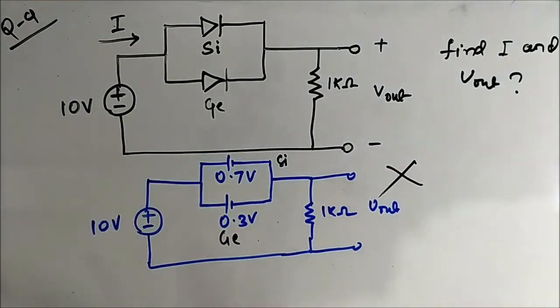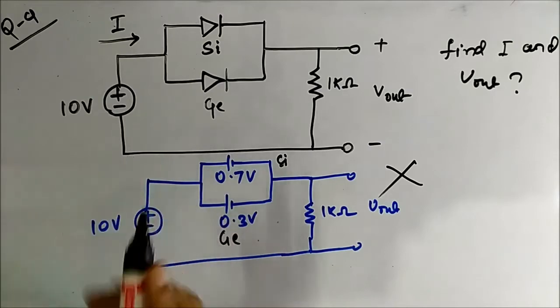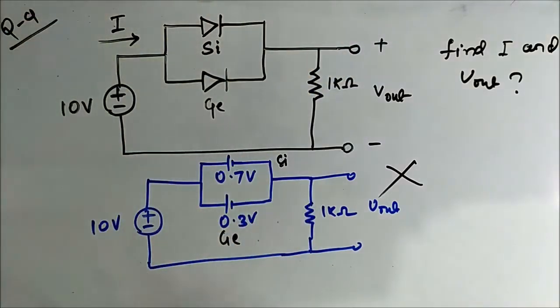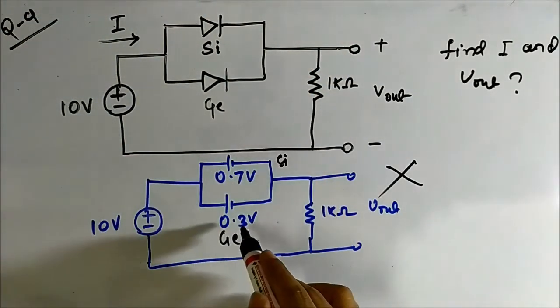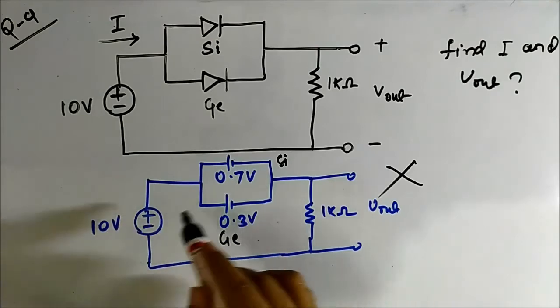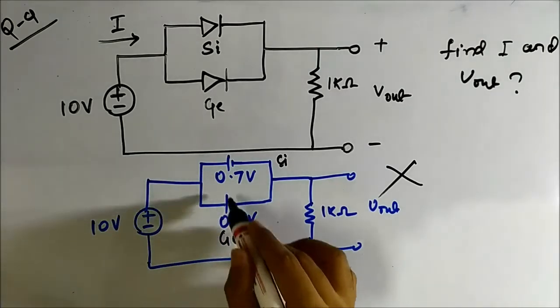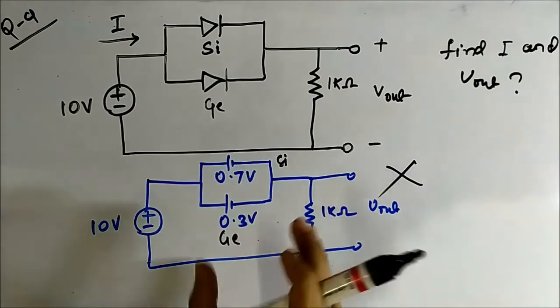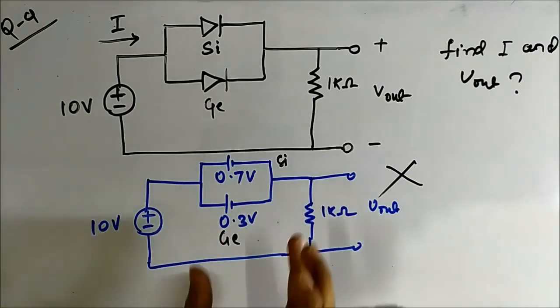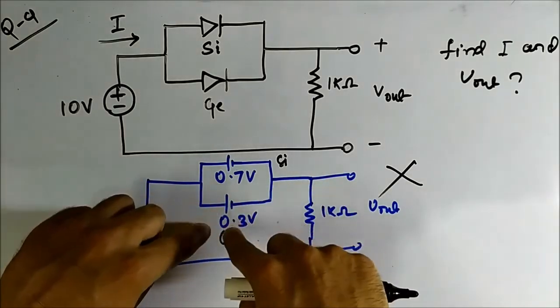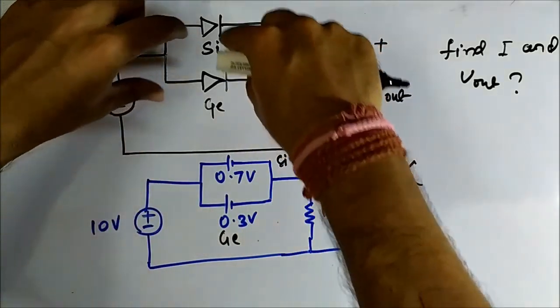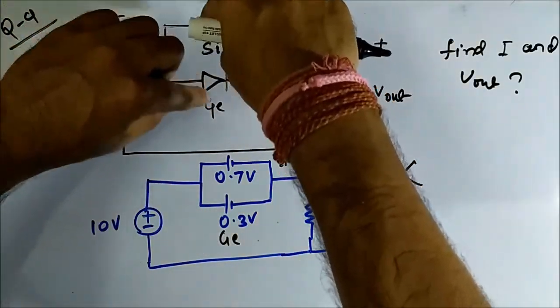So what happens is that when it is connected to the circuit, germanium having a lower built-in potential than silicon will get turned on first, and this will maintain a constant 0.3 volt across this, as both the diodes are connected in parallel.